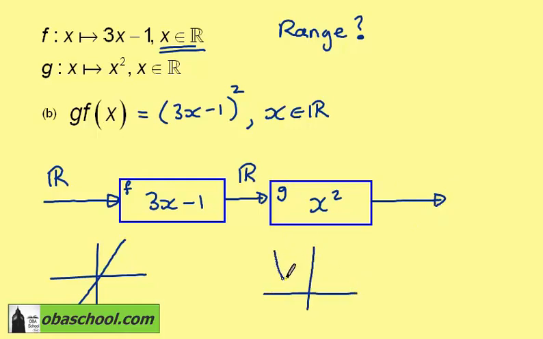The function x squared looks like this and has a range greater than or equal to 0. So only positive values come out. The range for this composite function then is y belongs to reals, y is greater than or equal to 0.